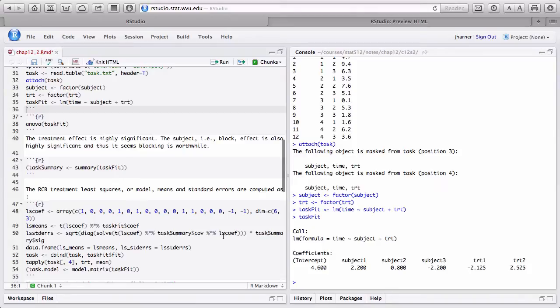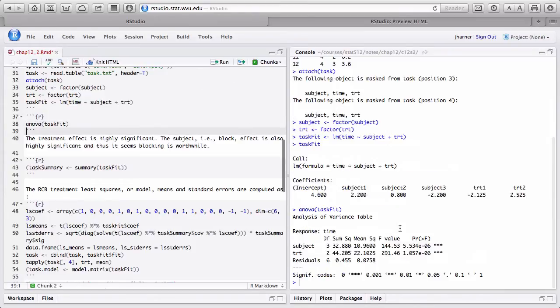Okay, so in order to get a nicer print, I can just do an analysis of variance table. If I do that, you can see that for subject and treatment, the p-values are both very significant. Now you might ask about the function called AOV; I'm using ANOVA. There's an AOV function, which is just a wrapper for LM.